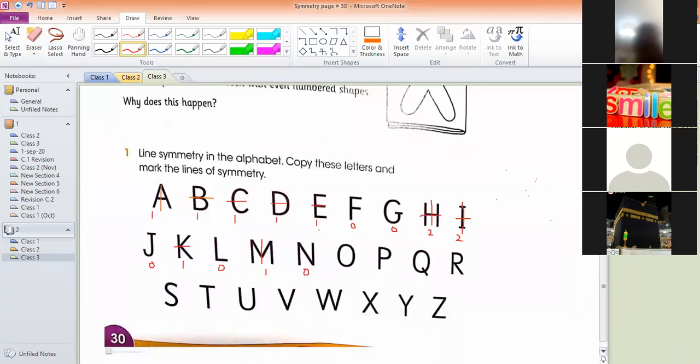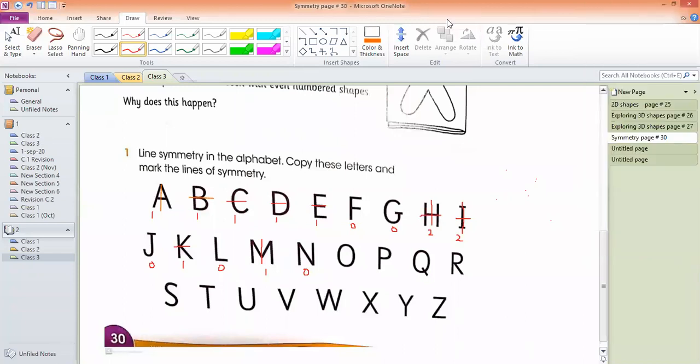Coming to the O, guys, you have to tell me the answer. How many symmetry does O have? Tell me the answer, guys. How many symmetry does O have? O is having how many symmetry?